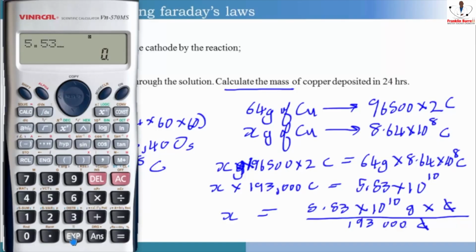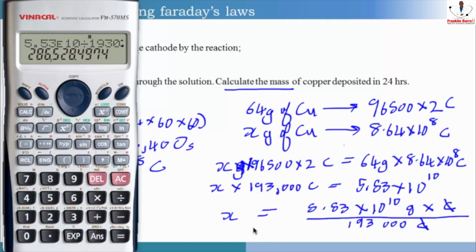So that's 5.53 exponential 10 divided by 193,000. And that would give us a value of 286,528.50. Let's write it to 2 decimal places.